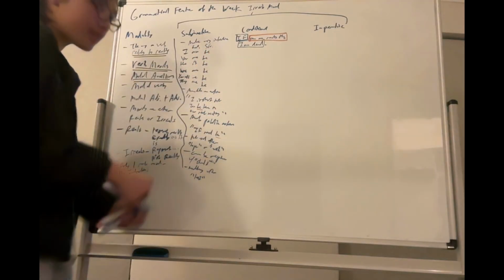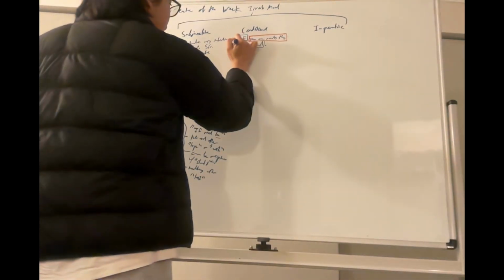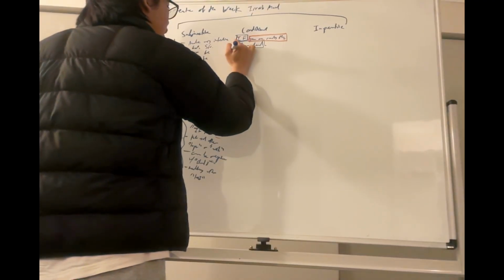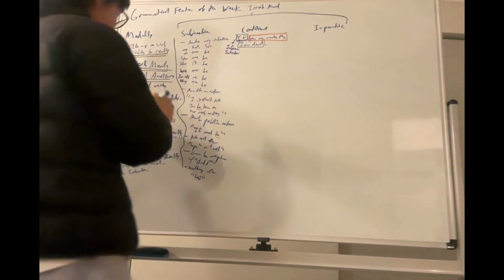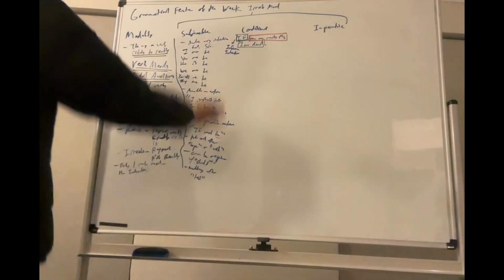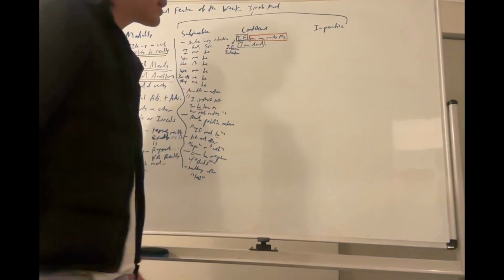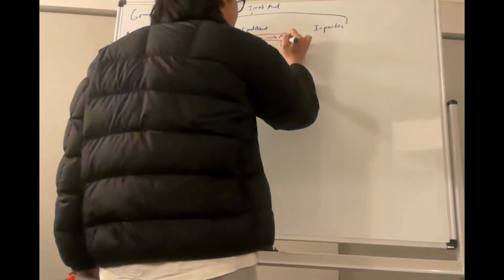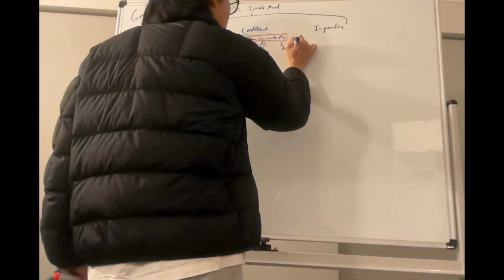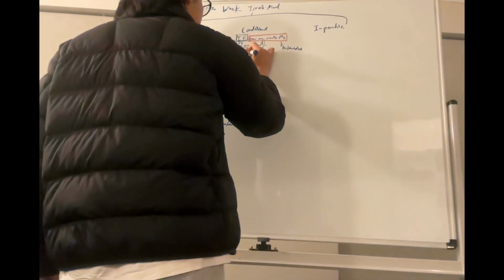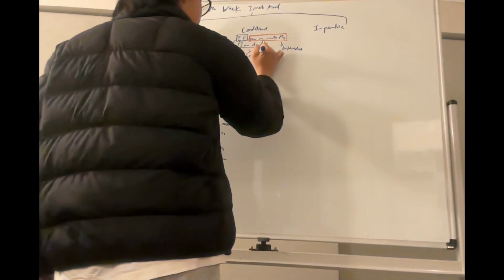The blue is called the inference indicator. Right? You don't have to worry about this. The red is the antecedent. And the green is called the consequent.